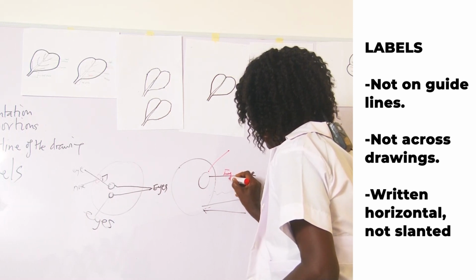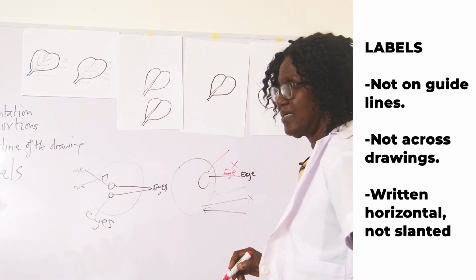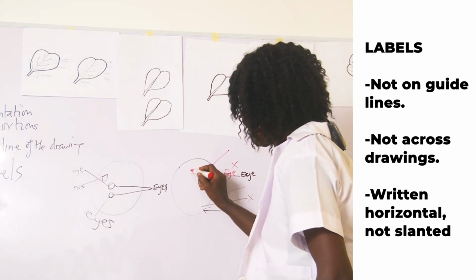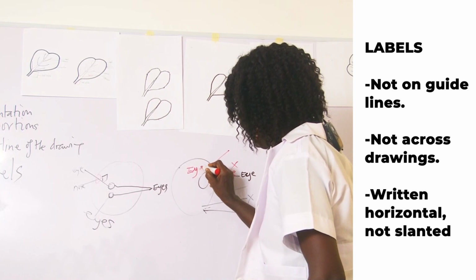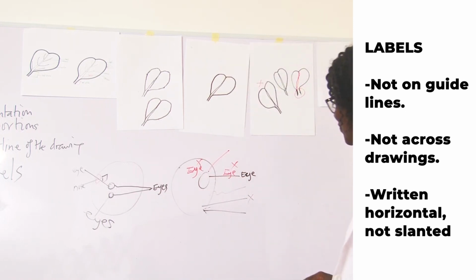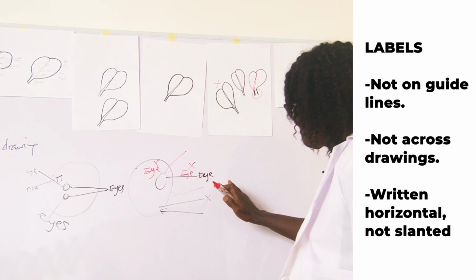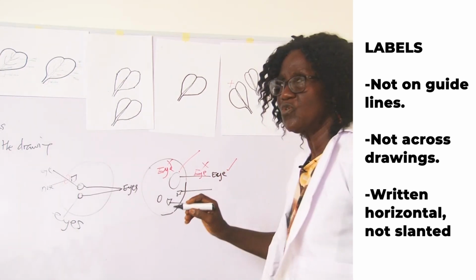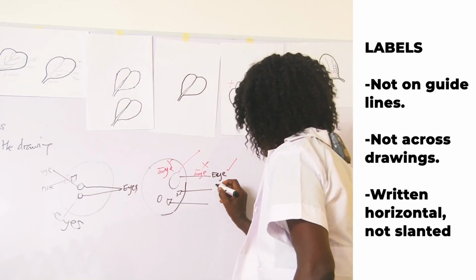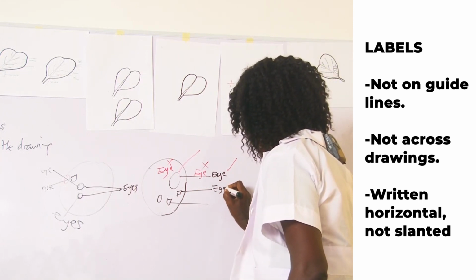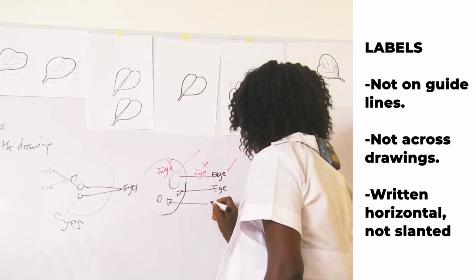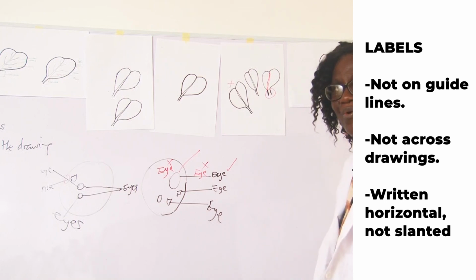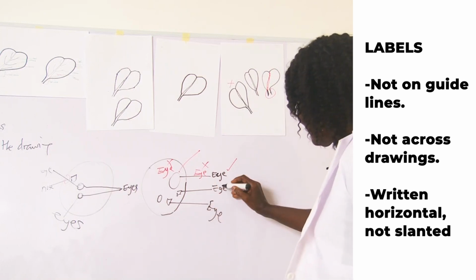No. The label should also not be written on the drawing. The label should be at the edge of the guideline, neat. The labels should also not be slanted. The label should not slant and do like this. Slanted labels, no. Straight and neat.